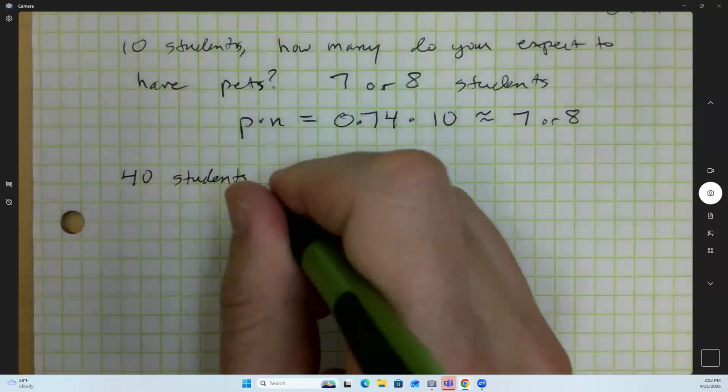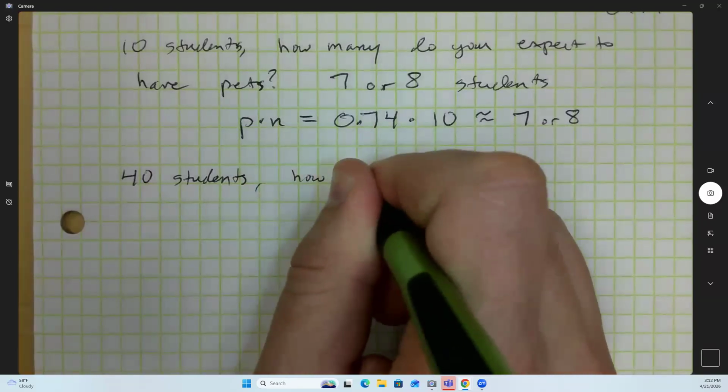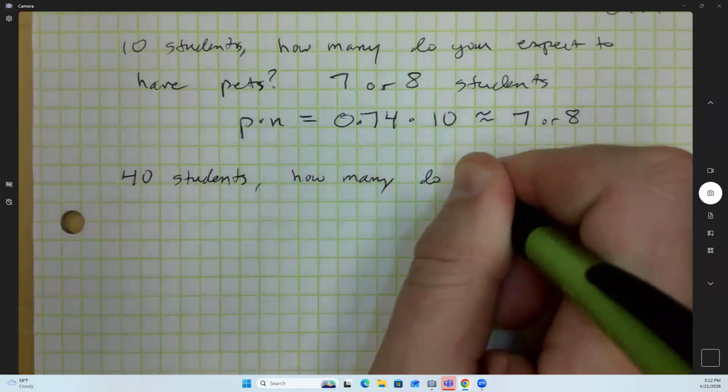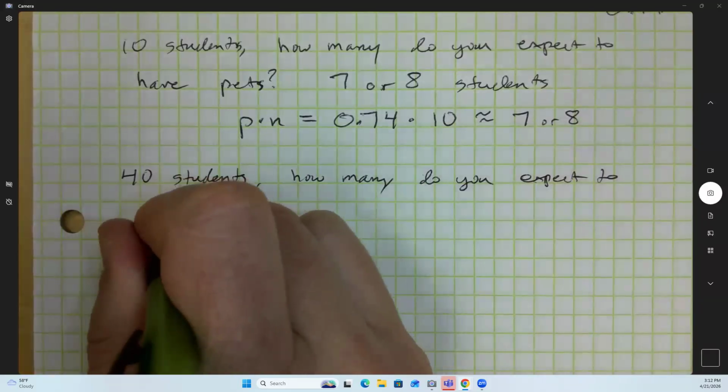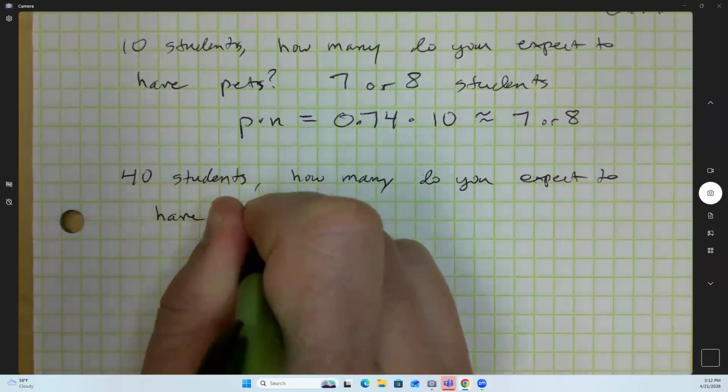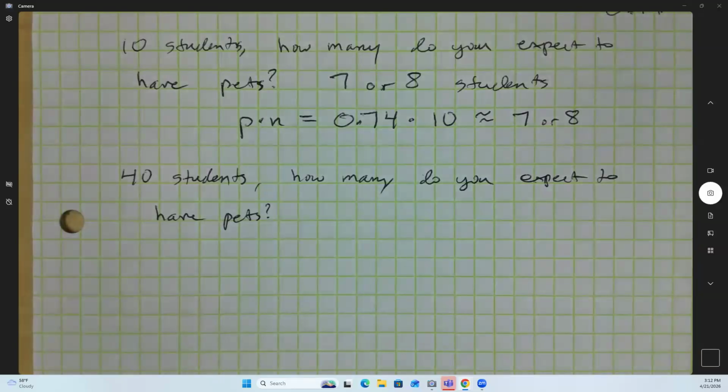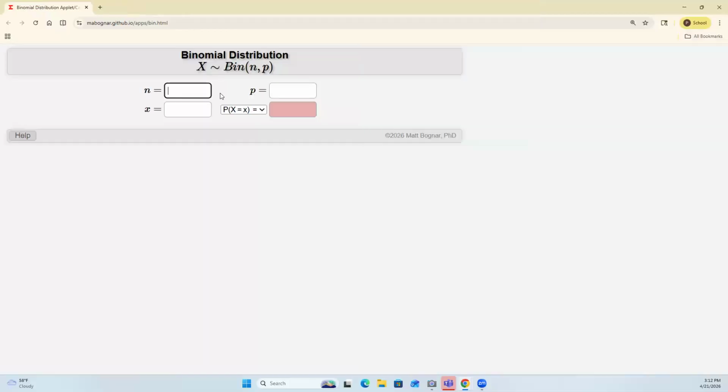40 students. How many do you expect to have pets? Let's answer this one visually. I practice using the binomial visualizer. What's n? 40.